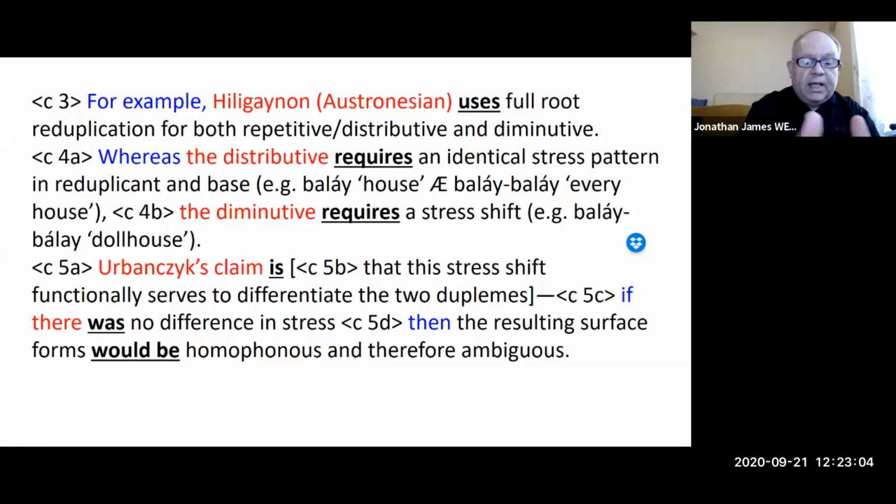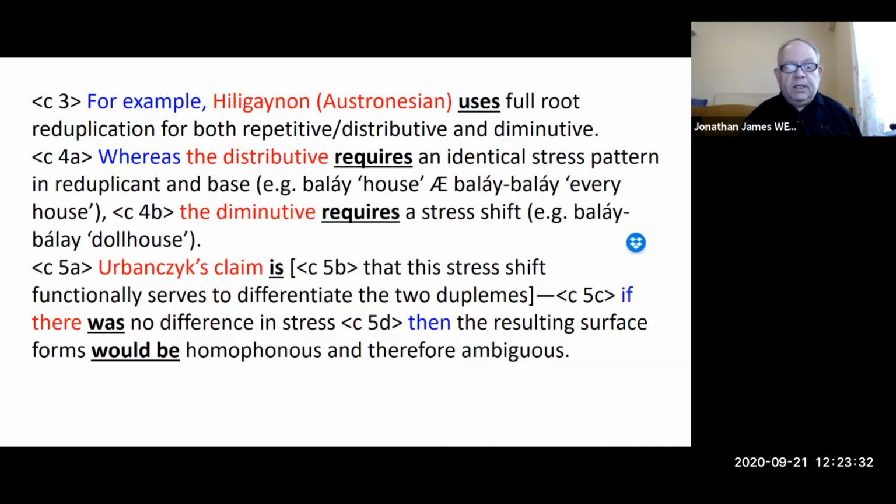Something which identifies what is Urbanchik's claim. In this sense, the identifier of Urbanchik's claim, again, we'll put it in square brackets. It's a nominalization. What I hope you begin to see is what we put in square brackets, what we say is embedded, or, and I like the phrase rank shifted even better.